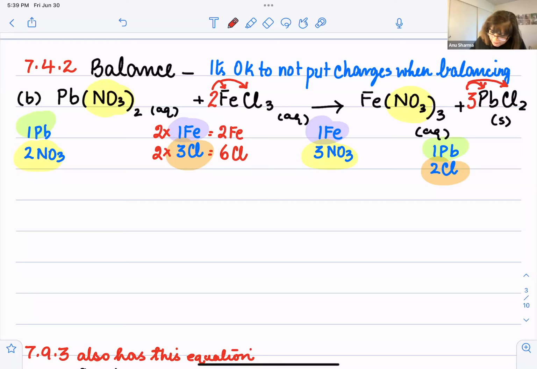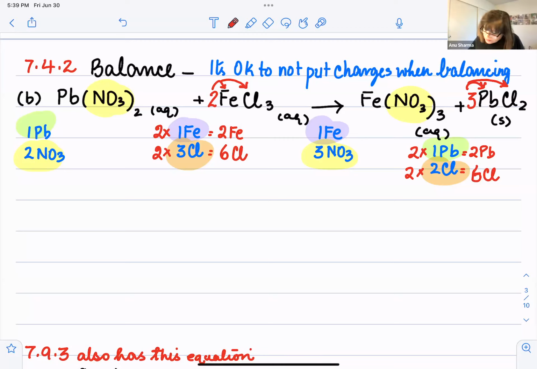So what do you get here? So 2 times iron, so 2 times lead and 2 times 2 chlorines. And this gives you 2 lead and 4 chlorines. Okay. Oh, sorry. 2 3s are 6 chlorines. Sorry, 6 chlorines. Okay.